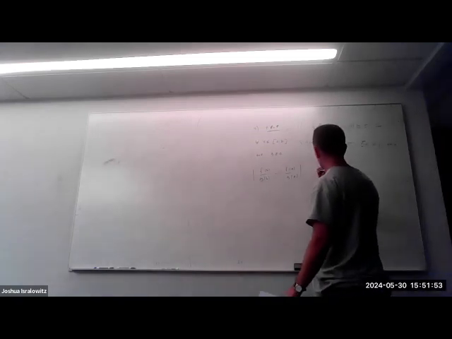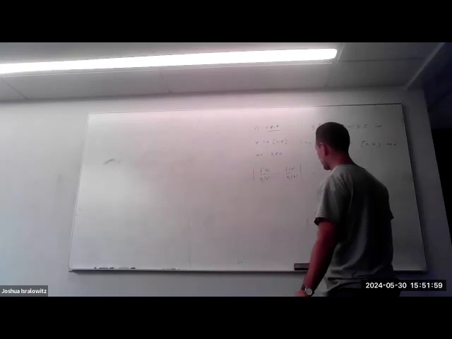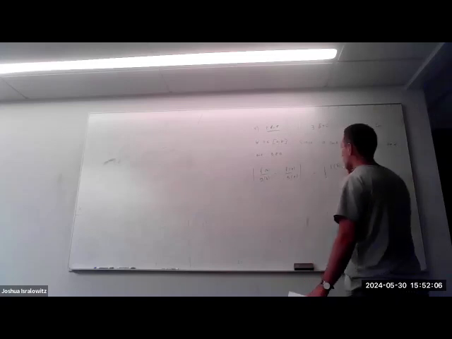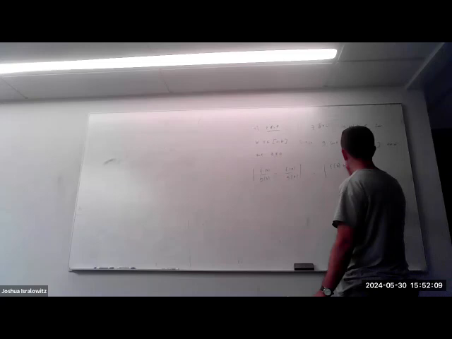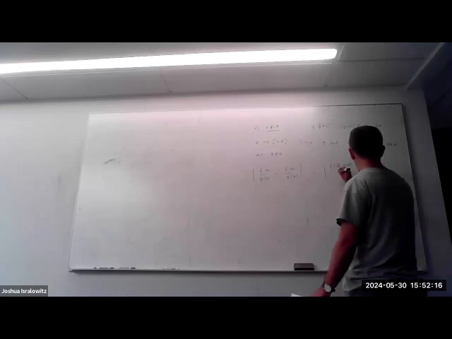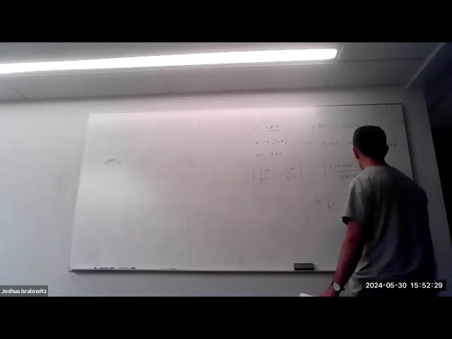And so let's get a common denominator, G of B, G of A. So 1 over delta squared.